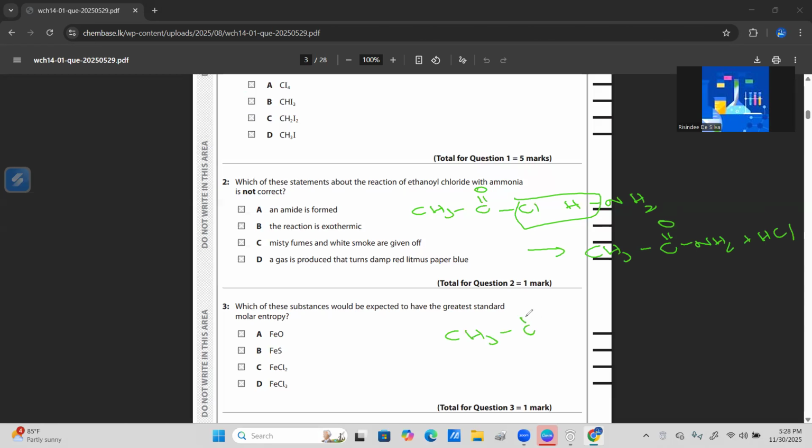Again, another ethanoyl chloride can react with this ethanamide to form CH3CONHCOCH3.